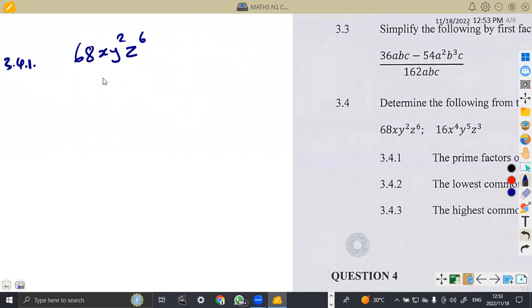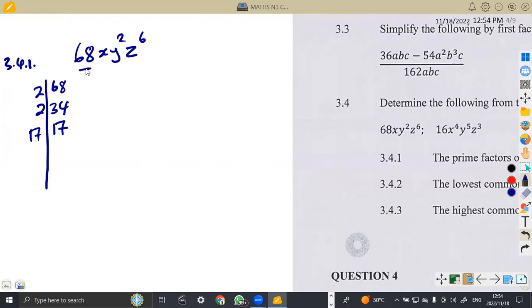That means we have to divide by the smallest number that we can use into this 68, and that is a 2. So 68 divided by 2 is 34. 34, we divide again by 2, that is 17. Then we do not have anything, so we just have 17.